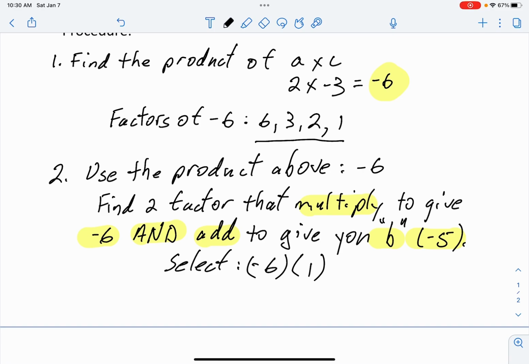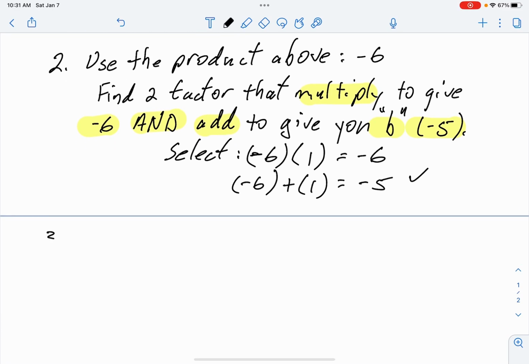Because you can make the sign whatever you want it to be. So I'm going to go minus 6 and 1 from our factor list. That gives me my minus 6. If I add those, minus 6 plus 1, I get the b value of minus 5. So that's okay. Now we can go on to step 3.